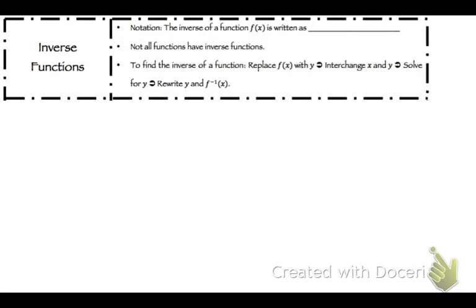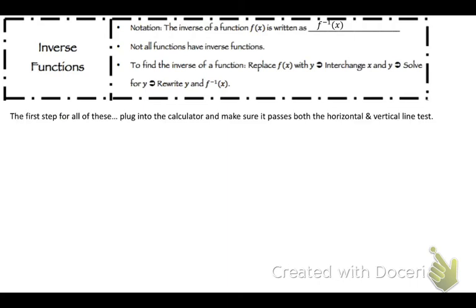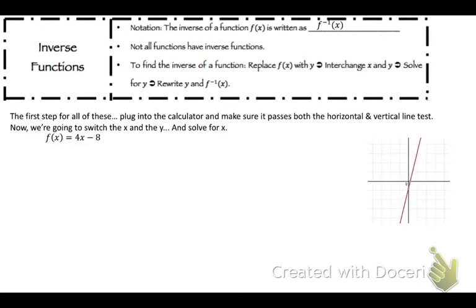To find the inverse of a function, it's written as f to the negative first power of x. To do this, you switch the x and y, solve for y, and then rewrite the y as f inverse of x. The first step for all of these is to plug it in your calculator and make sure it passes both horizontal and vertical line tests. So 4x minus 8. Plug it in your calculator, you get something like that. That passes both tests, so we're good.